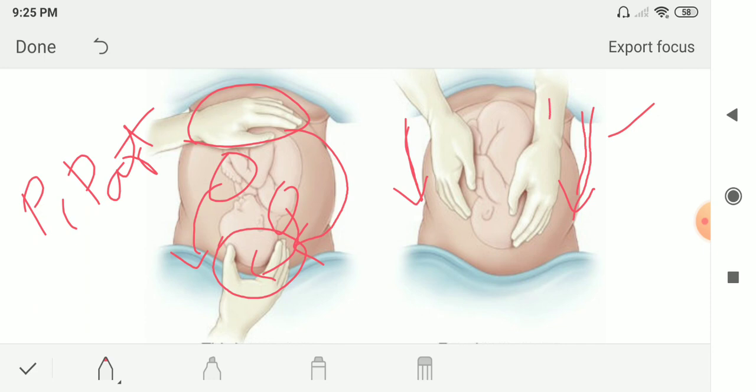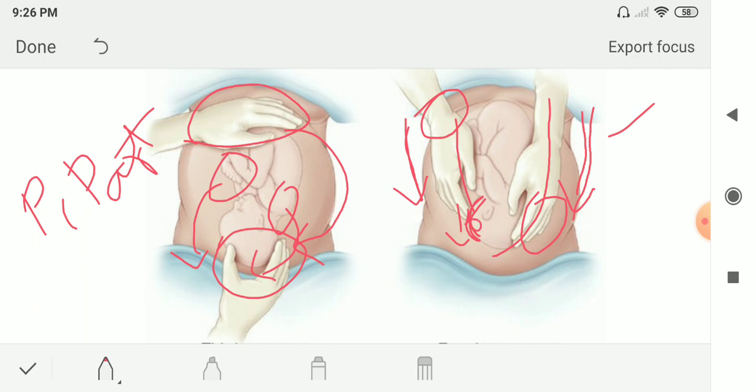For example, in this condition the hand is freely moving downward; there is the smooth area of the back and the occiput. In this condition, if we come down, here is the greater area. Here we can touch the brow and we cannot move our hand further down. In that condition we will say that the head is flexed; the head is opposite to the back and the brow is here.